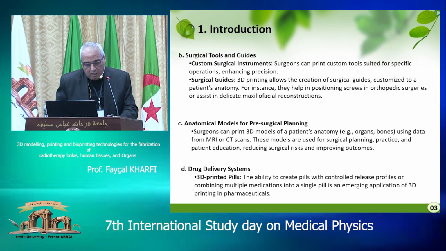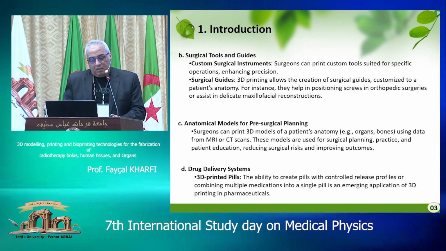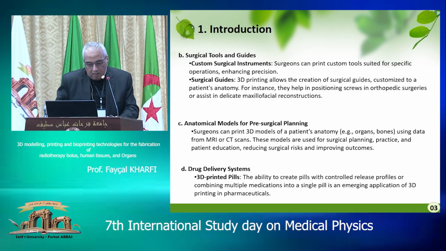There are also other applications such as surgical tools and guides. Here, surgeons can print custom tools suited for a specific operation, enhancing precision. 3D printing also allows the creation of surgical guides customized to the patient's anatomy. 3D printing can also be applied for anatomical models and pre-surgical planning.